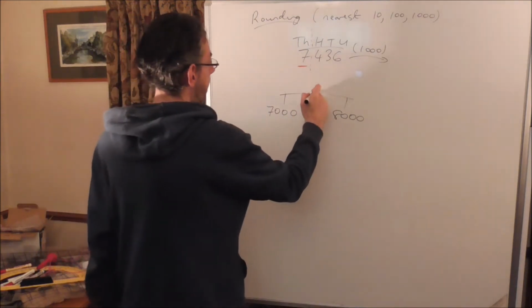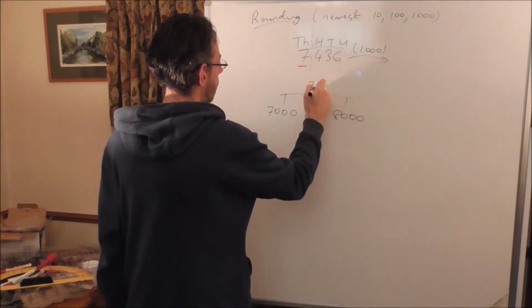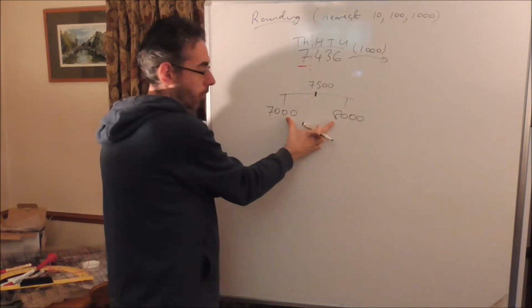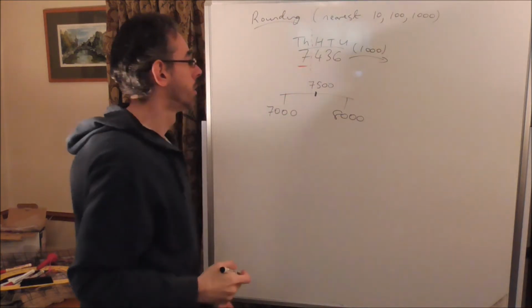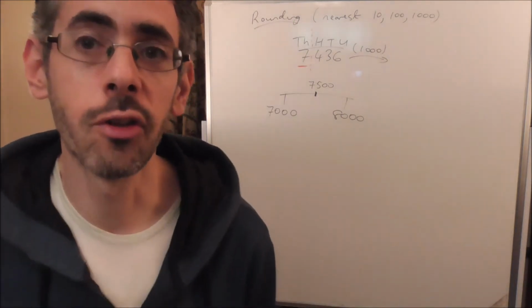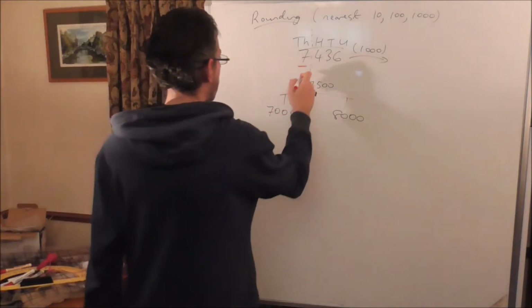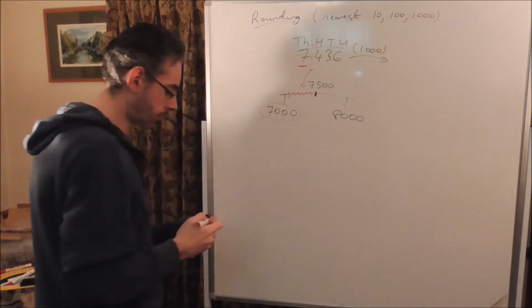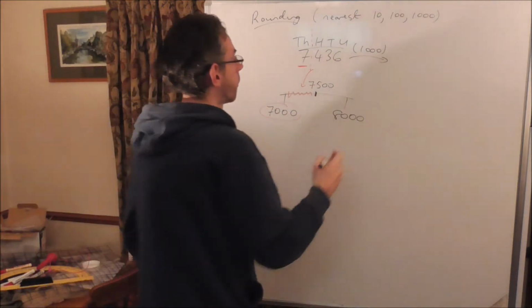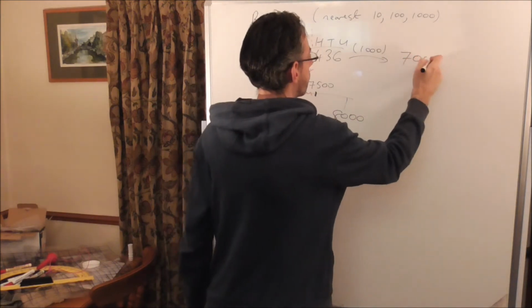Well, the number in the middle is 7,500, because that's a gap of 1,000, so half of that is a gap of 500. Since 7,436 is smaller than 7,500, we know it's here somewhere, so it must be closer to 7,000 than 8,000. So to the nearest 1,000 it rounds to 7,000.